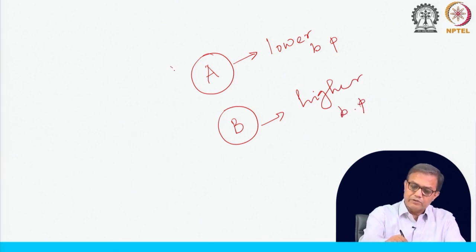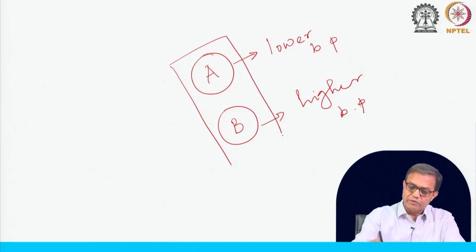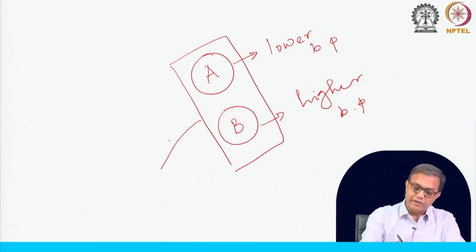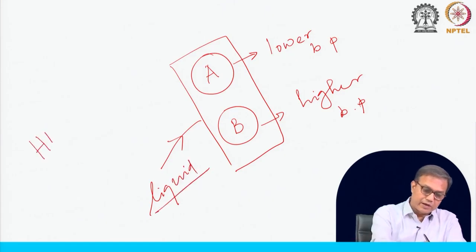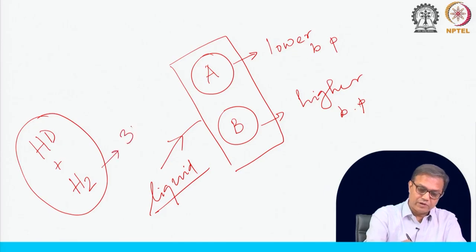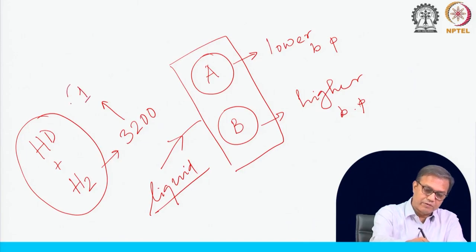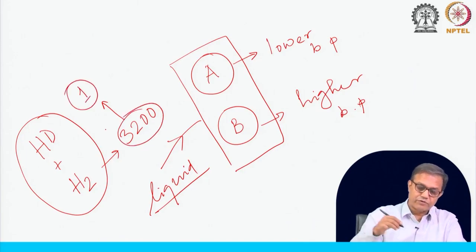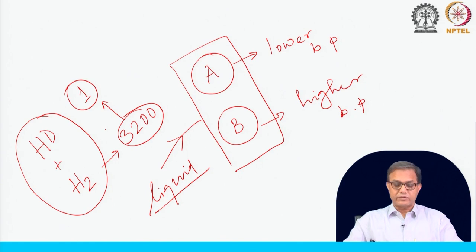If they are mixed together in liquid form and we have to separate them, there comes the hydrogen deuteride and hydrogen, which is available in normal hydrogen as a mixture of, say, 3200 to only 1. This is the kind of ratio it maintains in the gaseous condition.